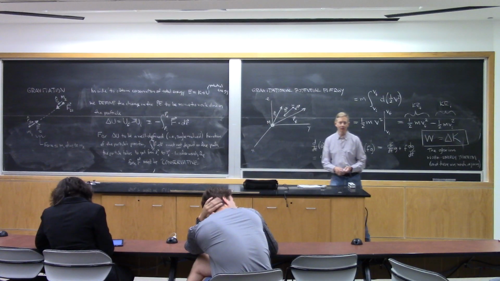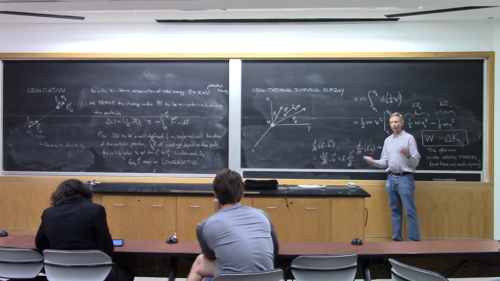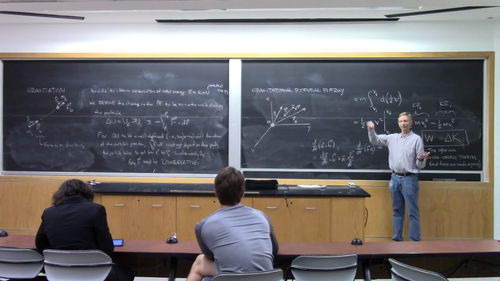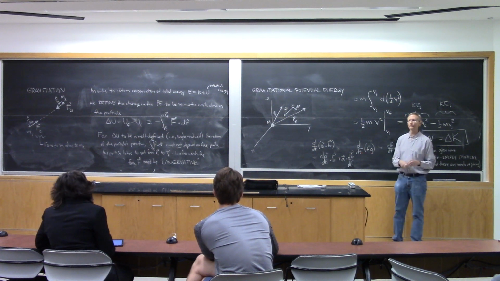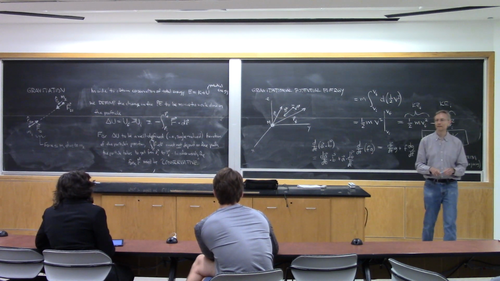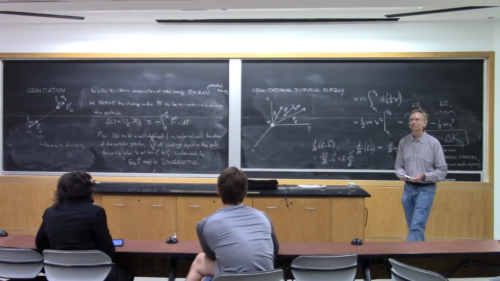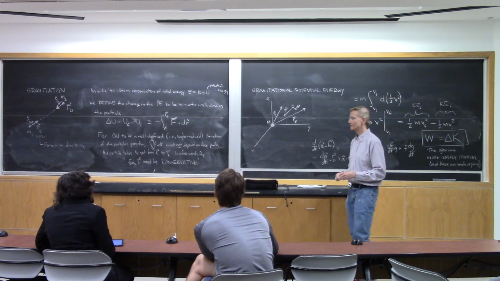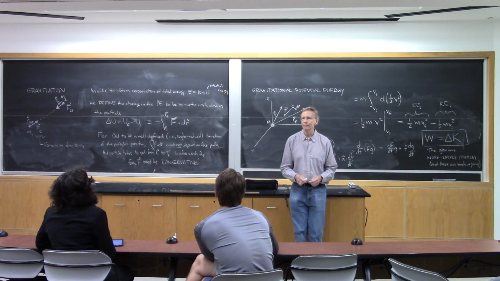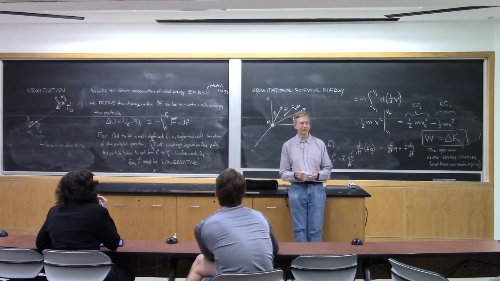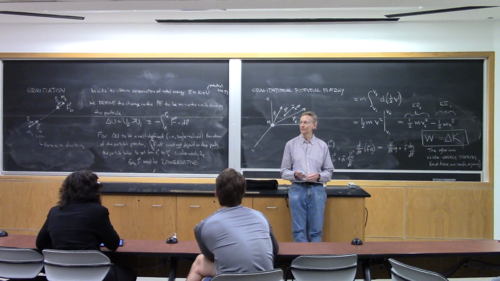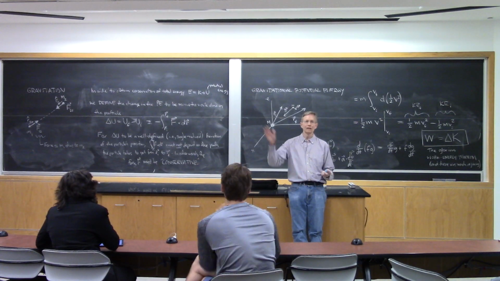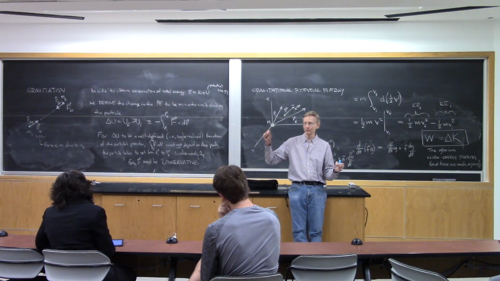But the other thing to note is gravity is an inverse square law of force. It goes like 1 over distance squared. What's another inverse square law of force of your acquaintance? Which is studied in Physics 111. Yeah, in electricity. Coulomb's law also goes like 1 over the distance squared between the particles.